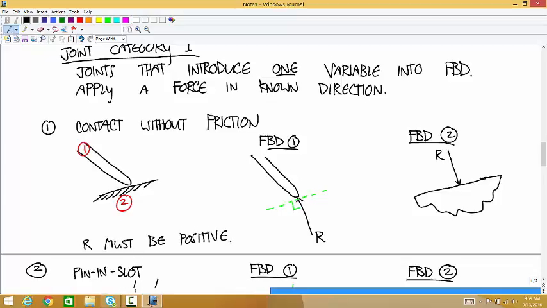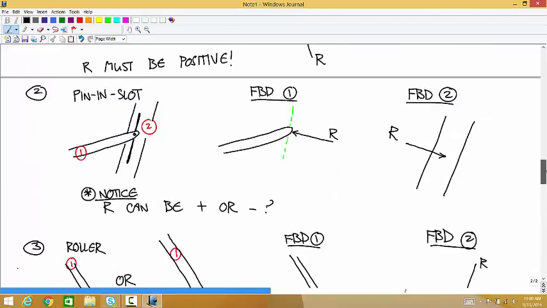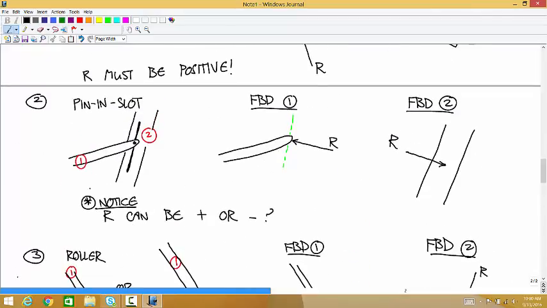And the same thing with the roller. R must be positive. The only one that's different is the pin and slot joint. I don't know why I did a question mark there. I think I meant to do an exclamation point. R can be positive or negative for the pin and slot joint. It can push or pull.